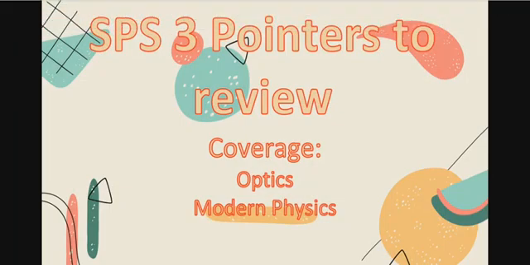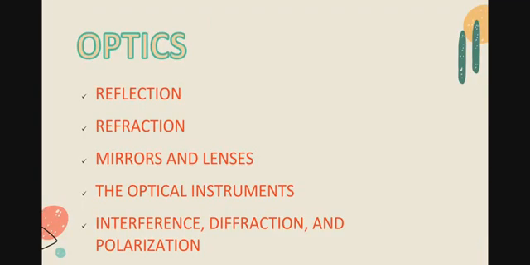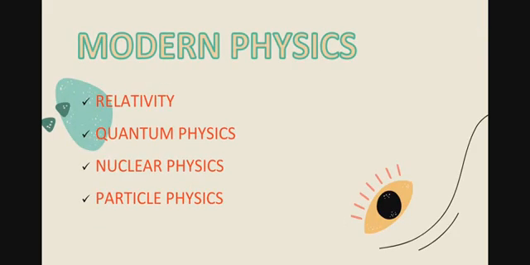This is the SPS 3 pointers to review. Its coverage is optics and modern physics. Optics covers reflection, refraction, mirrors and lenses, optical instruments, interference, diffraction, and polarization. Modern physics covers relativity, quantum physics, nuclear physics, and particle physics. Actually, it is quite scattered.